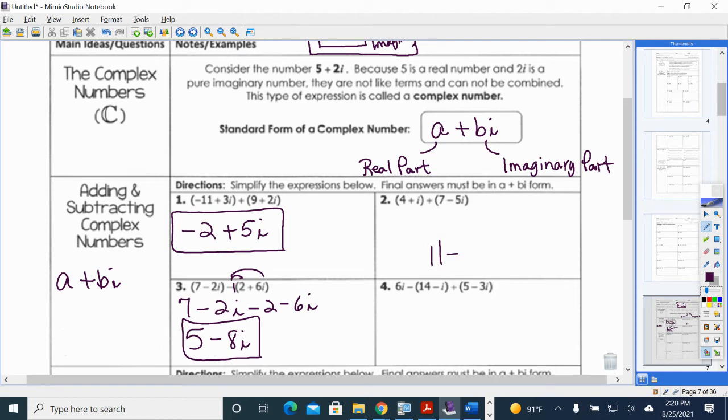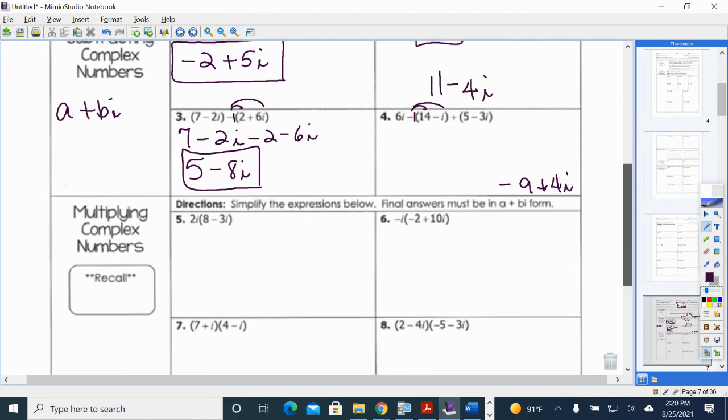And to prove it to you, again, you'll combine your real parts. 4 plus 7 is 11. And then your imaginary parts, i plus negative 5i is a negative 4i. Number 4, again, you could either do in the graphing calculator or you could distribute your negative 1 and then combine your like terms. If you're curious, the answer there is negative 9 plus 4i.